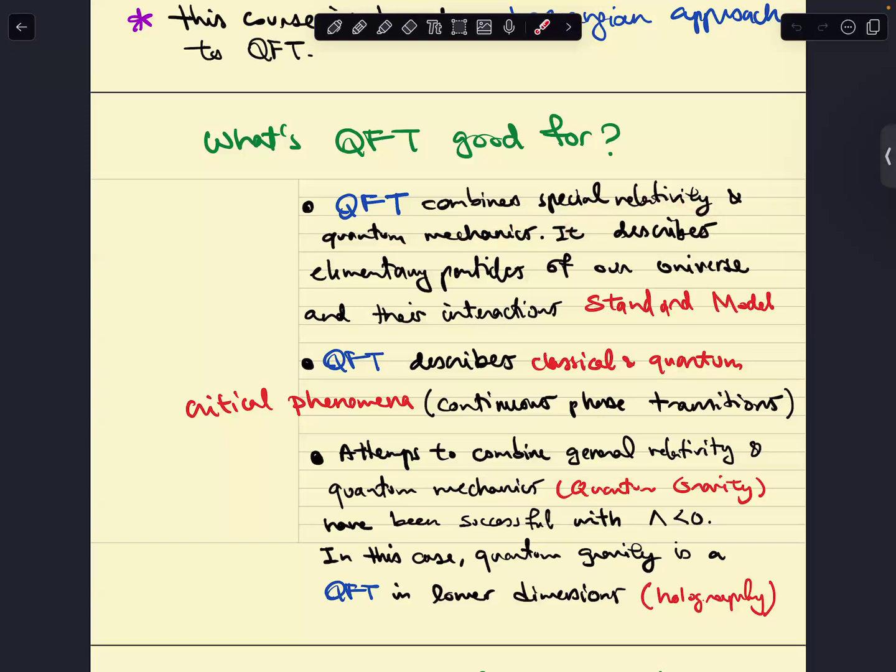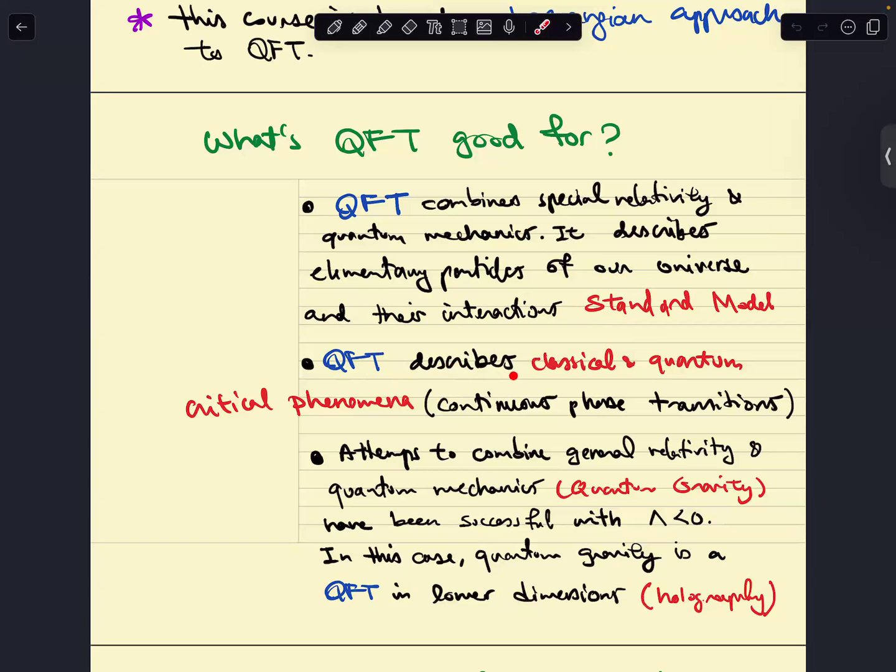As a framework that achieves that, it describes elementary particles of our universe and their interactions, and the success of that could be summarized in the construction of the standard model of particle physics, one of the most successful theories we've ever constructed. So that's one pitch for quantum field theory.